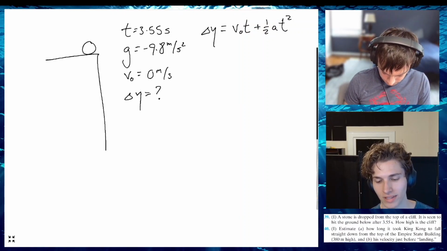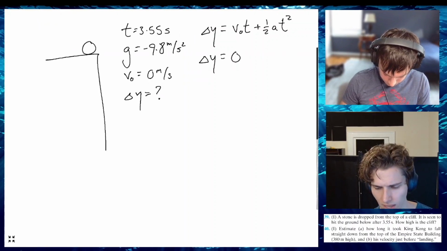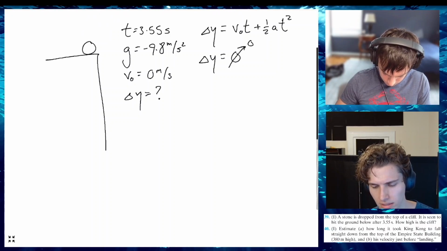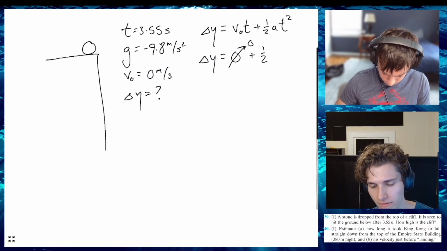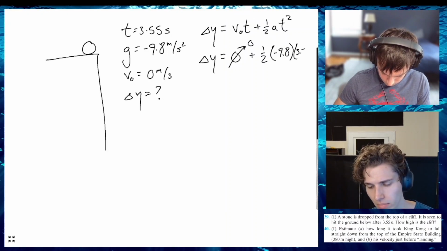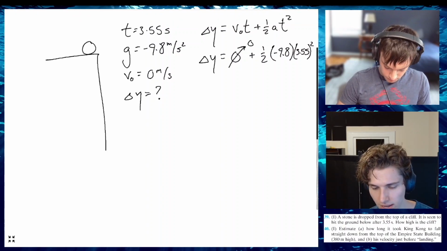Nice. Let's go ahead and fill this in. Delta y, what's the initial velocity? 0. And the time's 3.55, but I'm not even going to put that because anything times 0 is 0, plus 1/2 times negative 9.8 times 3.55 squared.